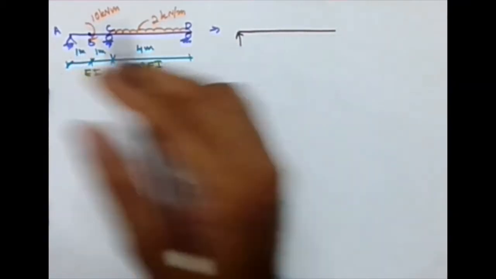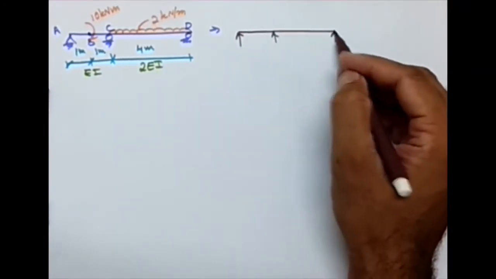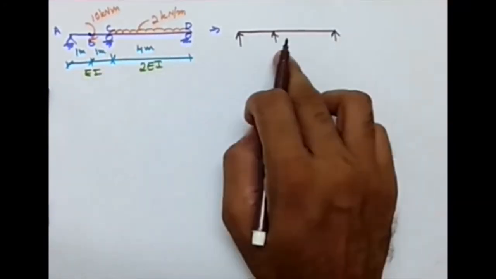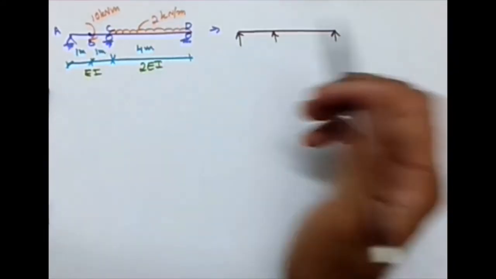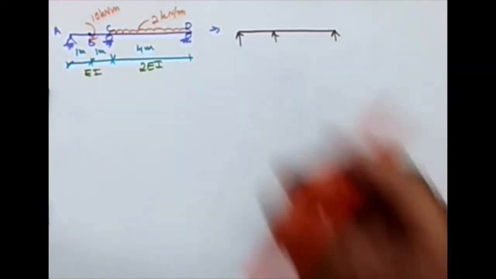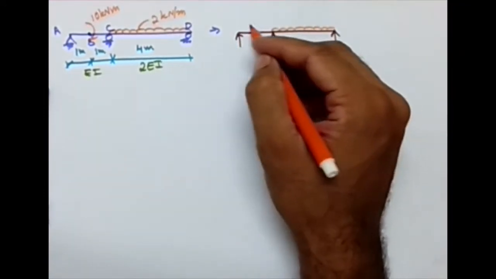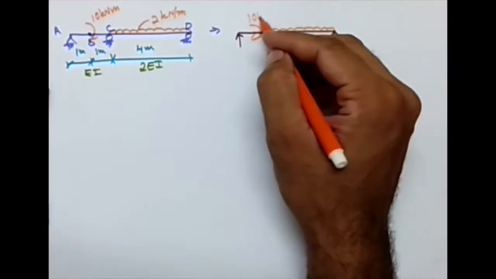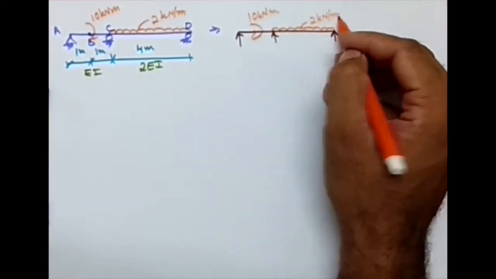Now the three rollers are going to give me one reaction each. The hinge is going to have a vertical and horizontal reaction, but the horizontal reaction is zero. On this we have this kind of loading, 10 kilonewton meter and 2 kilonewton per meter.